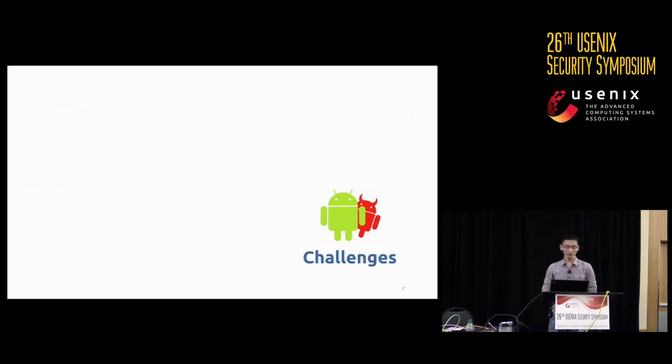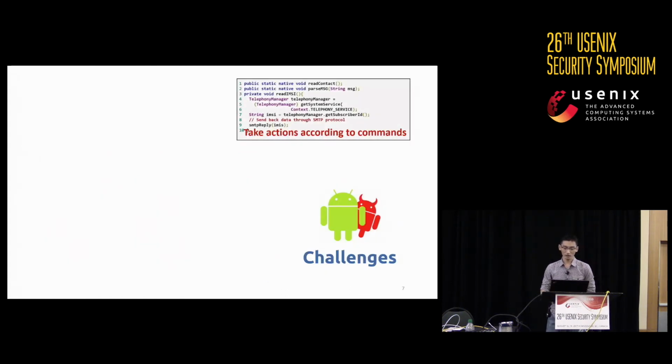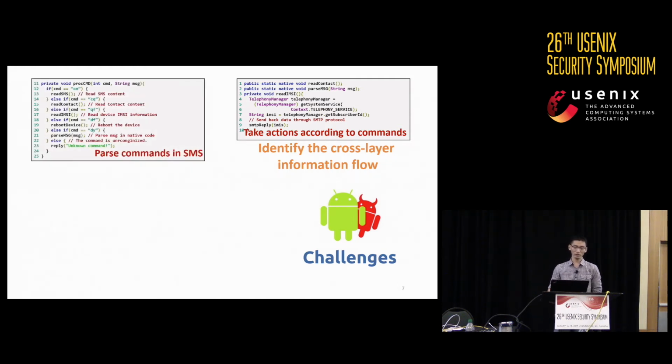So during the analysis of this malware, because the malicious actions involve both Java code and native code, Malton should be able to monitor the sensitive behaviors in multiple layers and identify the cross-layer information leakage. Second, because the malicious actions are triggered by different remote commands, Malton should be able to expose all the malicious actions triggered by these remote commands efficiently.